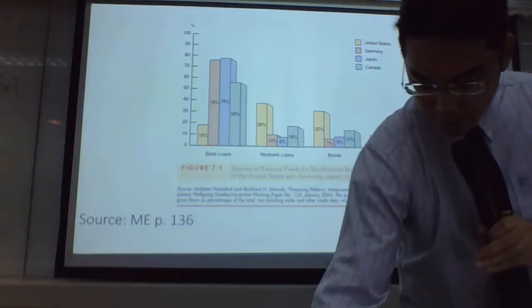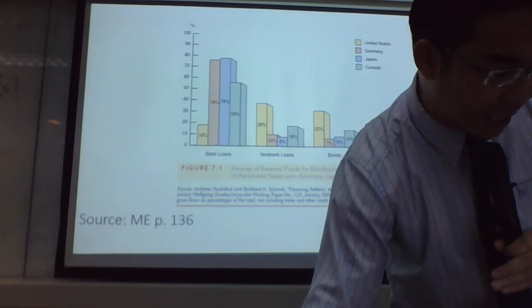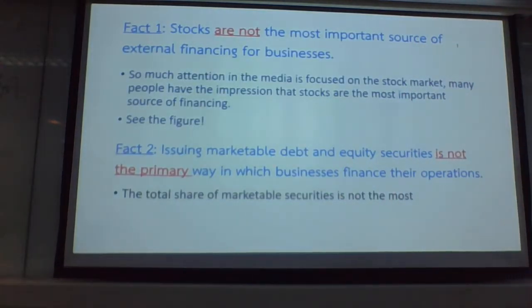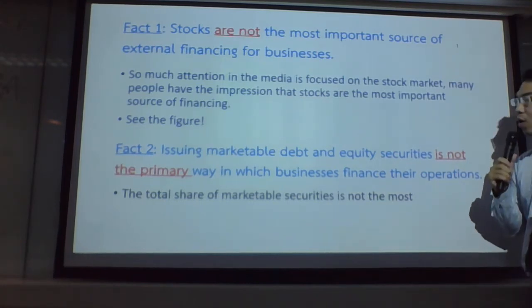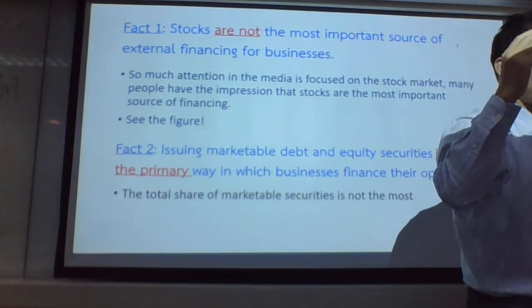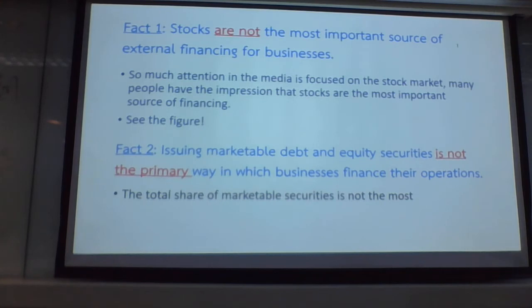Now let's explore each fact in detail. The first one, fact number 1. The major reason why people think that stocks are the most important one is the media. When you read the financial newspapers, the most popular topics are about the stock market.